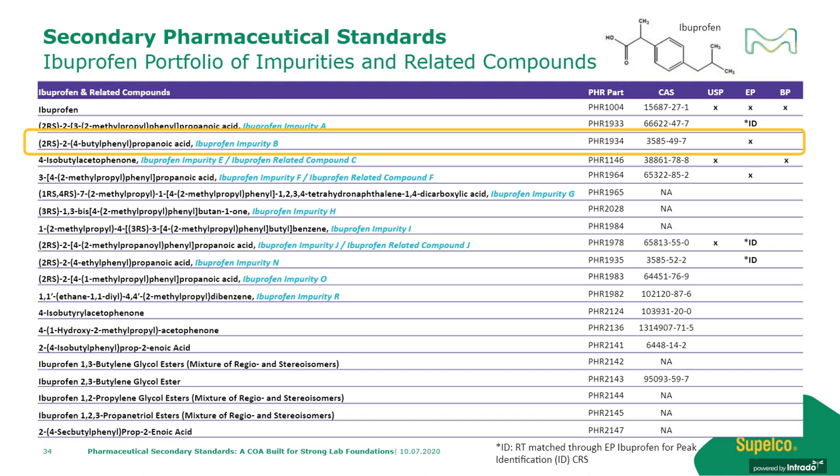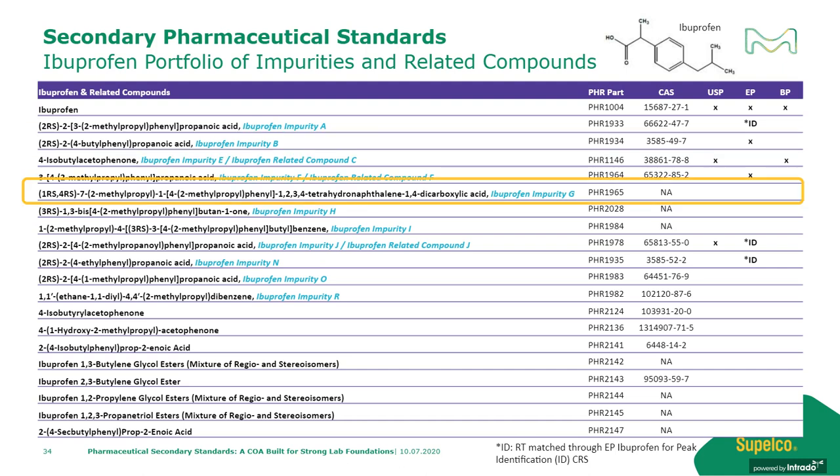Sometimes it can be very challenging to find a compendial standard for one of these impurities because as we move down the list and we look at ibuprofen impurity G, you can see that even though this standard has been identified by a pharmacopoeia, there is not a compendial standard available.